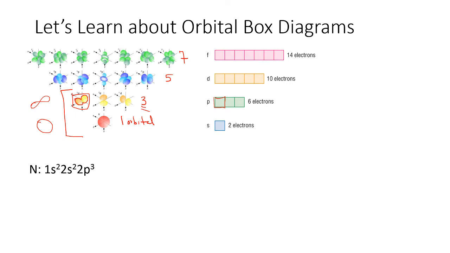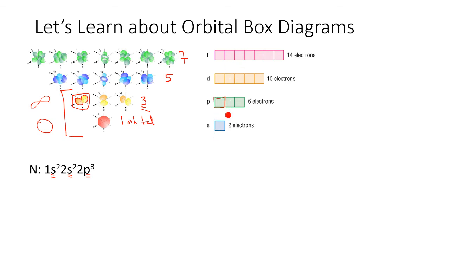Okay, so if I wanted to draw an orbital box diagram to reflect nitrogen, nitrogen has 7 electrons, and this is its electron configuration, 1s2, 2s2, 2p3. So for every subshell, I need to draw the appropriate orbital box diagram, right?